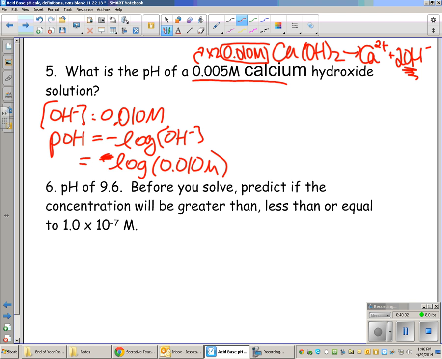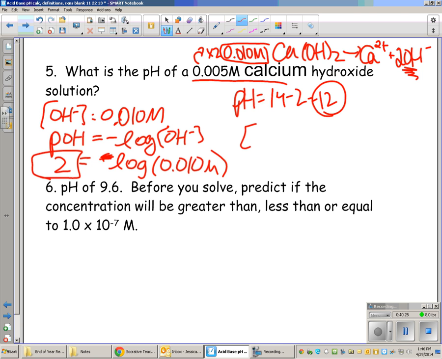Double check for me. Alright, so right now I know the pOH is 2. What's pH? 12. Good job. pH is 14 minus pOH, so that's 14 minus 2, which is 12.